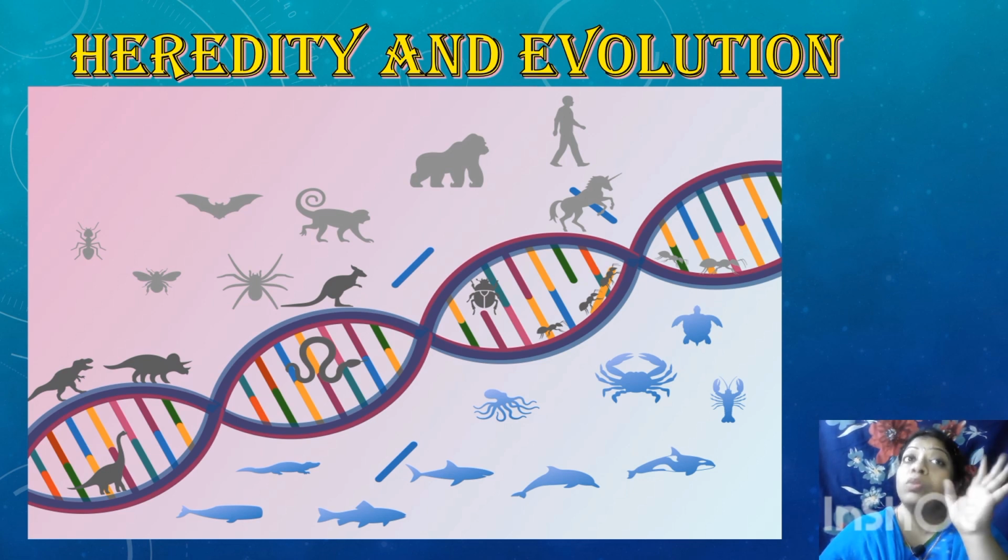But in most of the animals, including human beings, the reproduction takes place in the sexual method. That is, the offsprings do look like their parents, but they are not exactly the same.